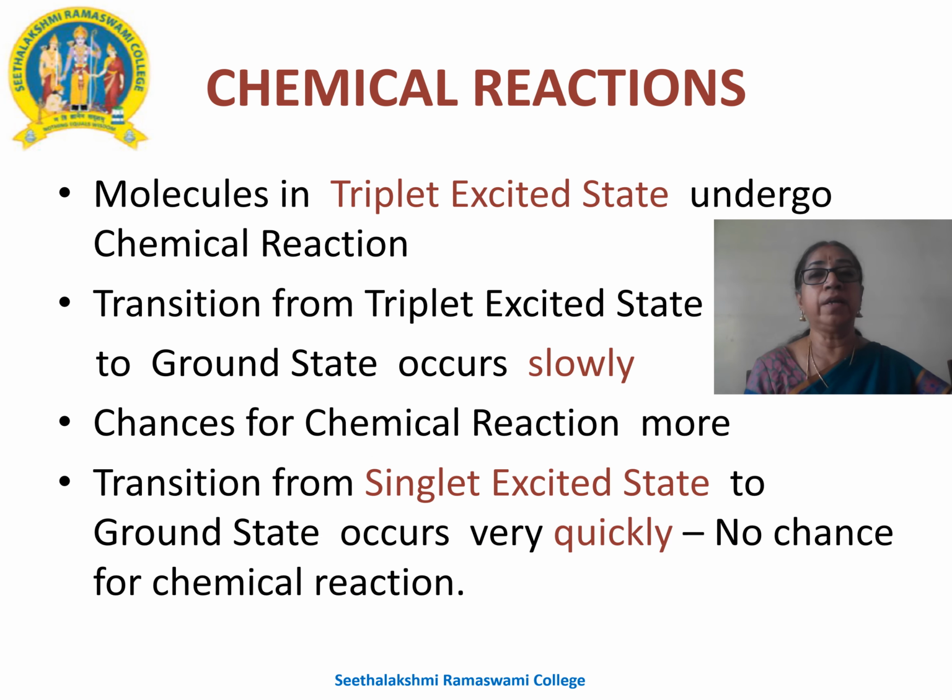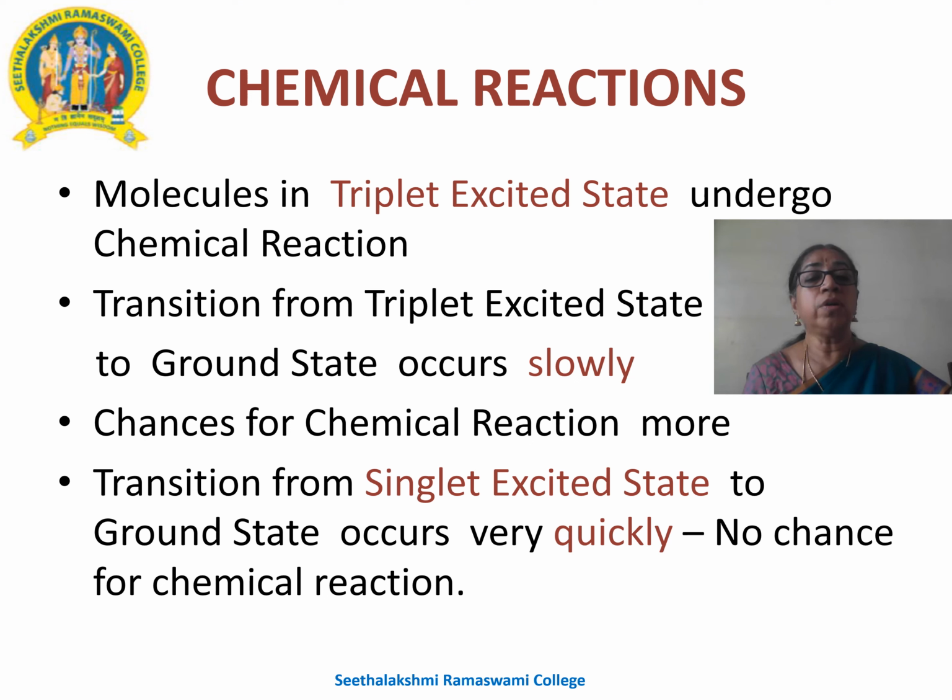The third way of loss of absorbed energy from light radiation is chemical reactions. Usually chemical reactions occur if the molecules are in the triplet excited state, because in the triplet excited state the molecules spend more time, waiting for spin inversion to come back to the ground state, S0.